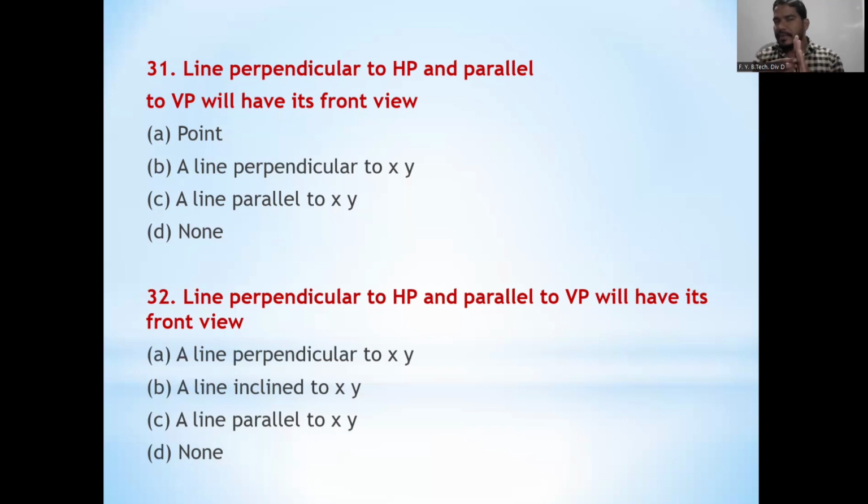We get a point only when we observe from the top side, so A will not be correct. Then B, a line perpendicular to XY. It's correct, because this is the VP and this is the line.